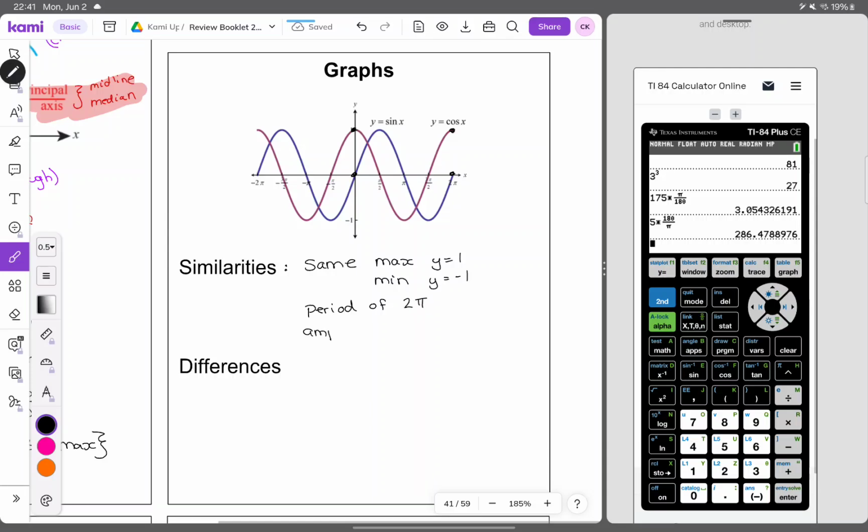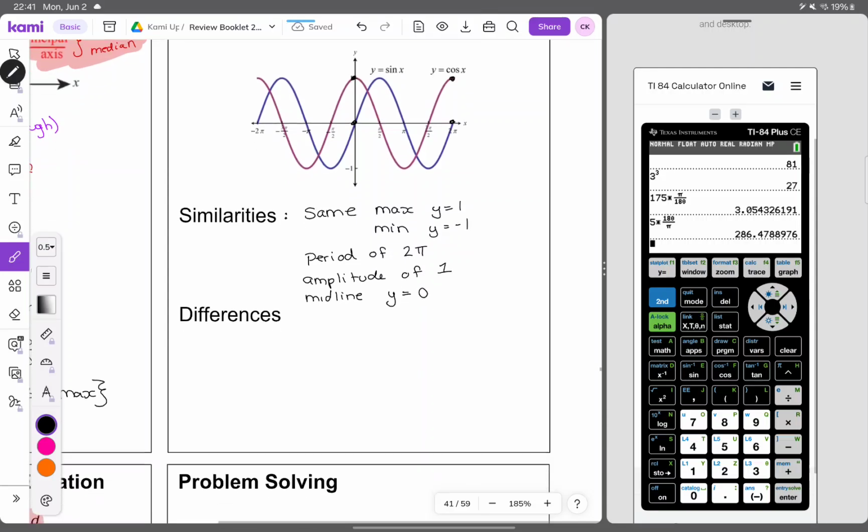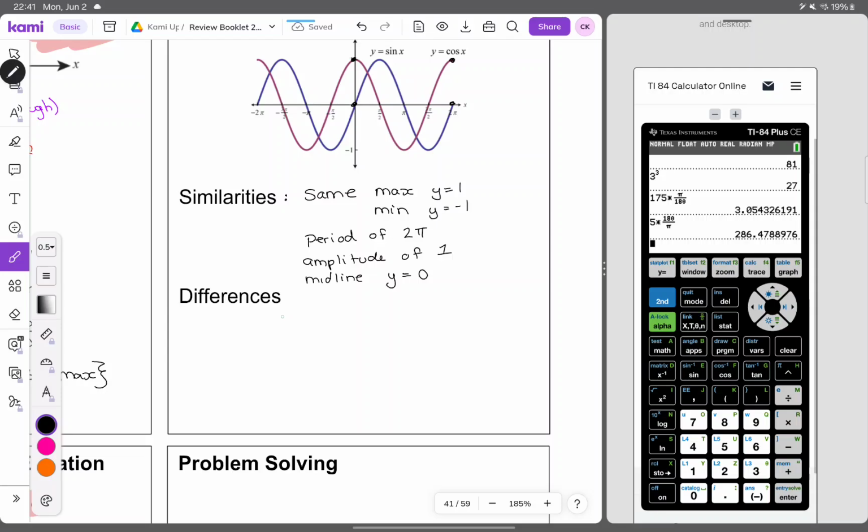They both have an amplitude of 1. They both have a midline of y equals 0. The difference is where we start. So the sine graph has a starting point or a y-intercept of 0, 0.